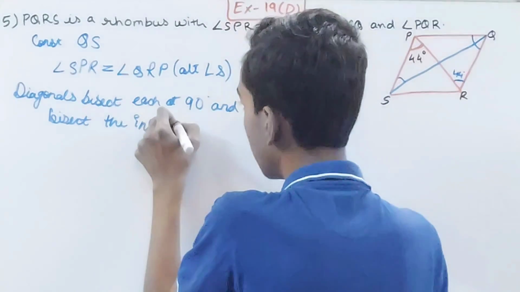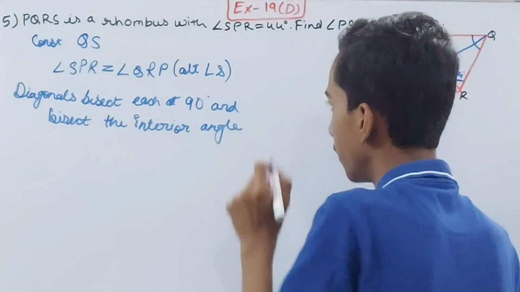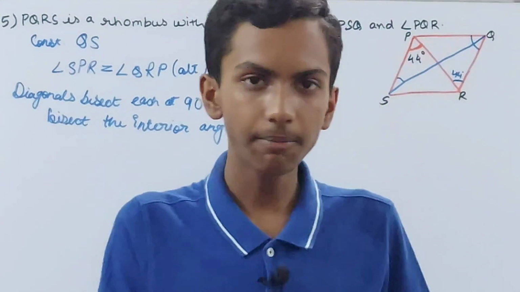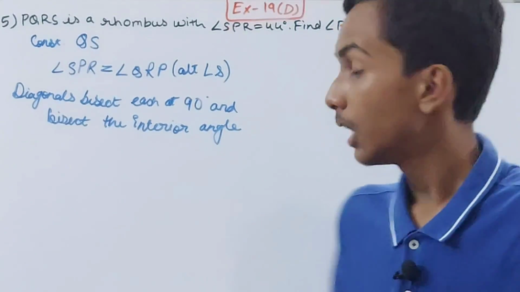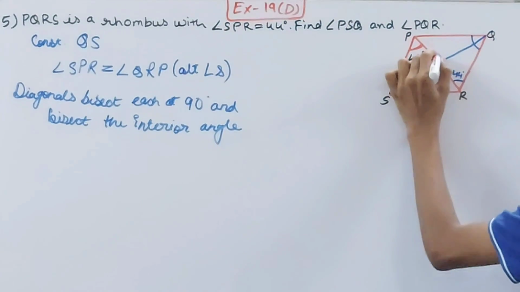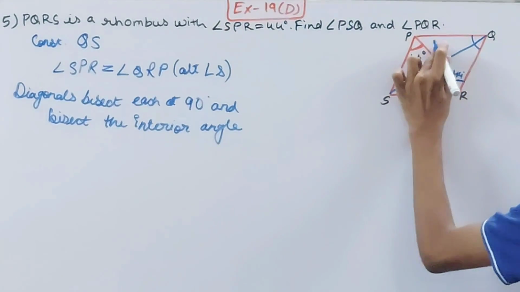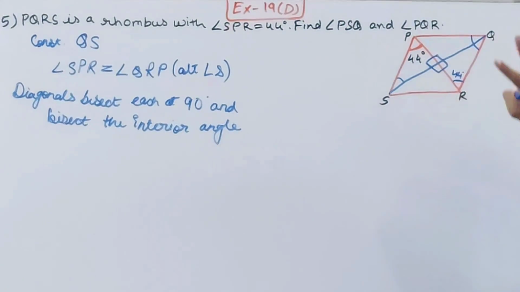This is the property of the diagonals of the rhombus. If they bisect at 90 degrees, then all of these angles are 90 degrees. First thing, that is our information.